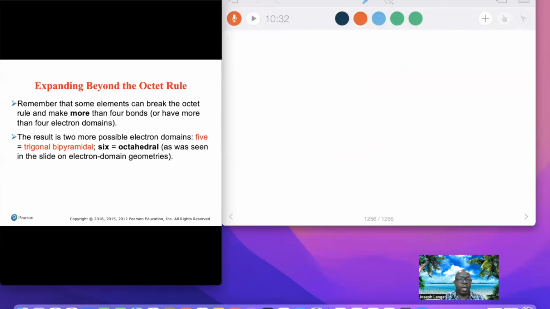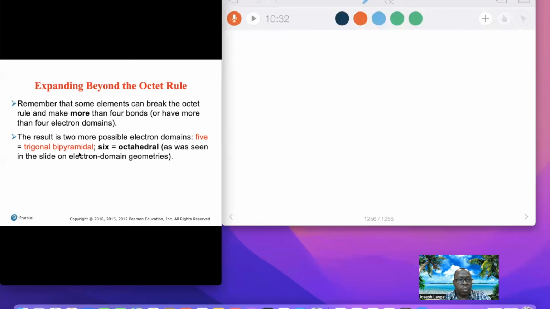So sometimes you may end up with 10 electrons on the central atom. You may end up with 12 electrons on the central atom when you draw the Lewis structure, because of the expanded octet rule. The result of this is two more possible electron domains, that is five and six.